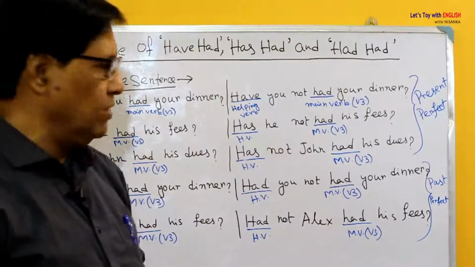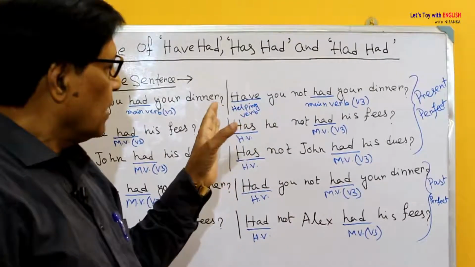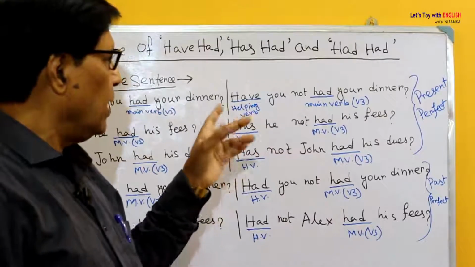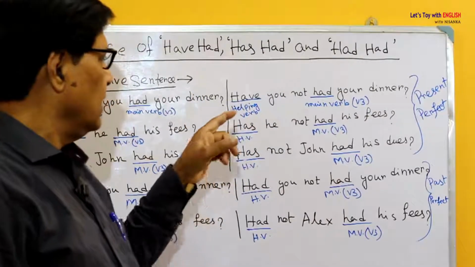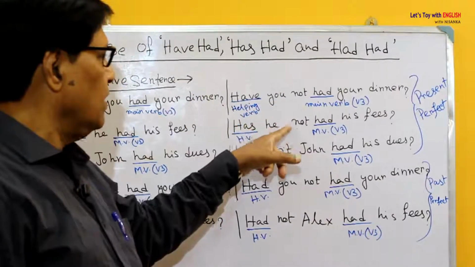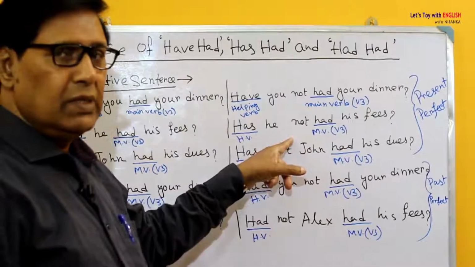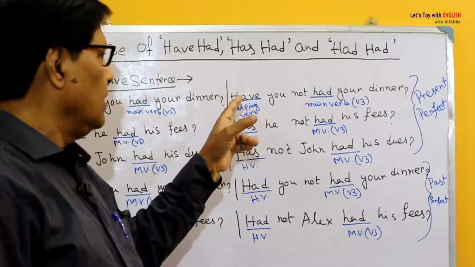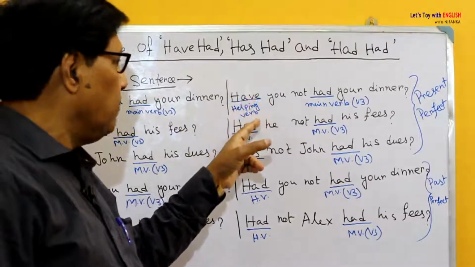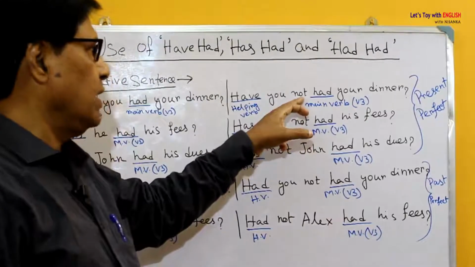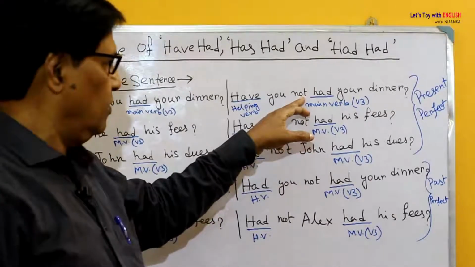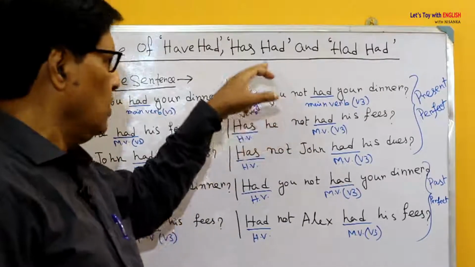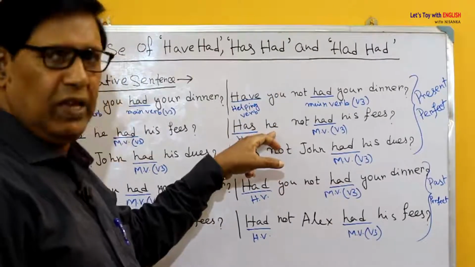One thing, keep it in mind. When in question form, and that too in negative sentences, if the subject is a pronoun, then it must be placed in between the helping verb and the negative word not. In between these two words, the pronouns must be placed.